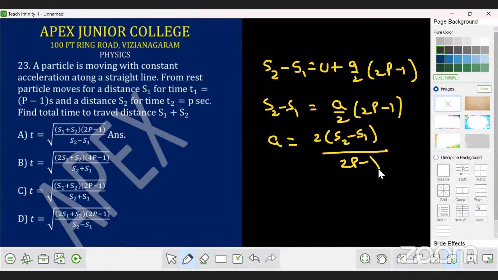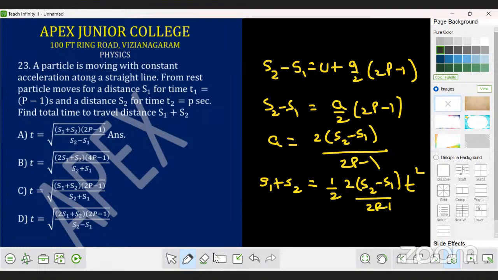This is for the S2 minus S1 value, but you have to find out the distance traveled, S1 plus S2, in some t seconds. That is nothing but ut plus half a t square. U is 0, of course. Half into a t square. In place of a, you can write this into t square. The t value finally you have to find out.